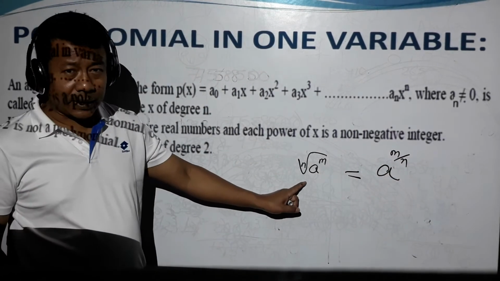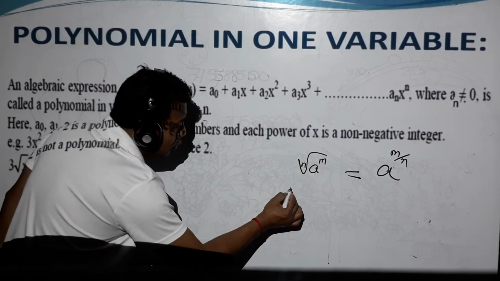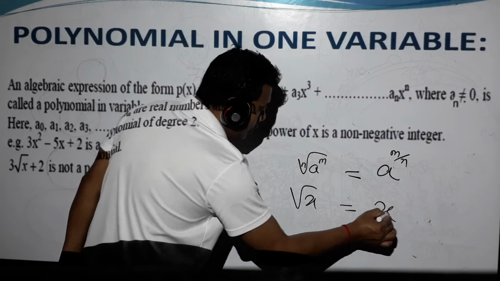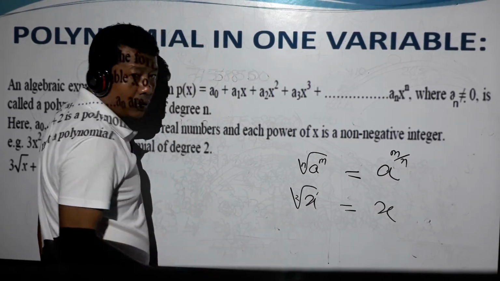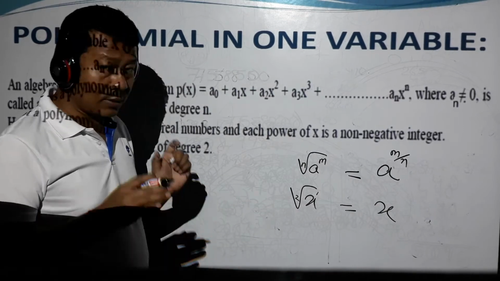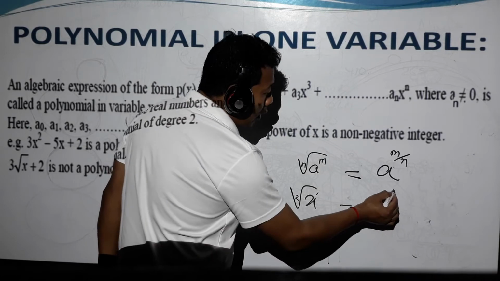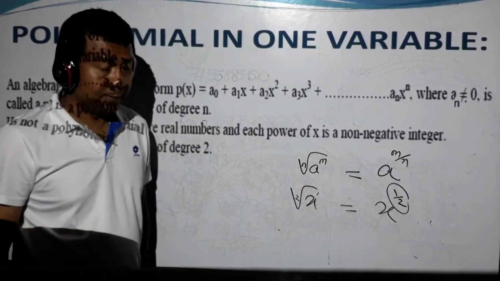This is called radical form and this is called exponential form. So when you write root x, how will you write? x to the power 1 by 2. Here the root has order 2. Usually we don't write 2 here, but we have to understand there is a 2. So in exponential form, you get 1 by 2. So here the power is a fraction.